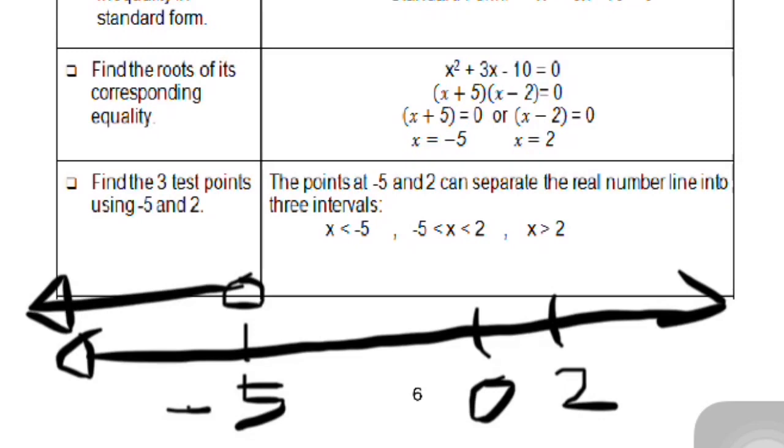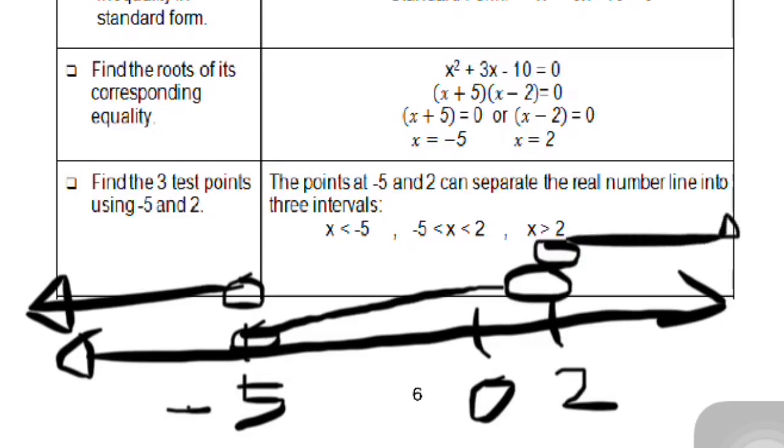Then x is greater than negative 5 but lesser than 2, so from negative 5 up to 2. Then the third interval is x is greater than 2, so from 2 up to positive infinity. That will be your three intervals.